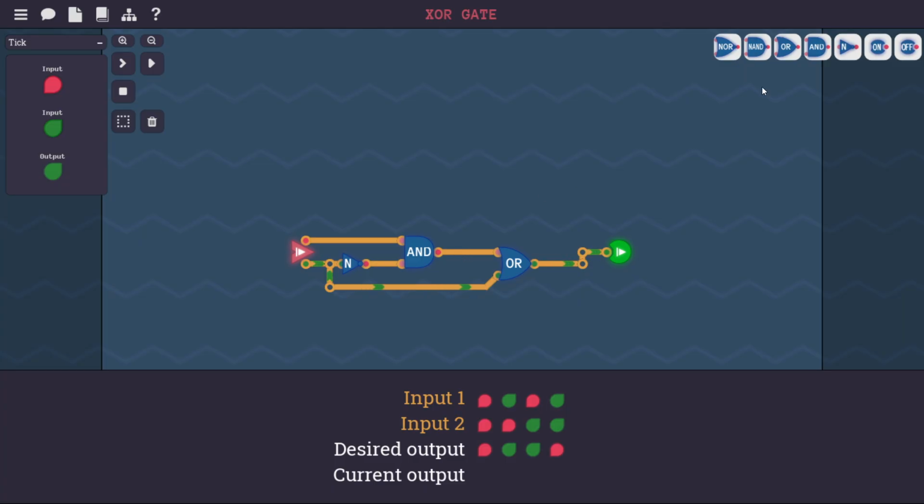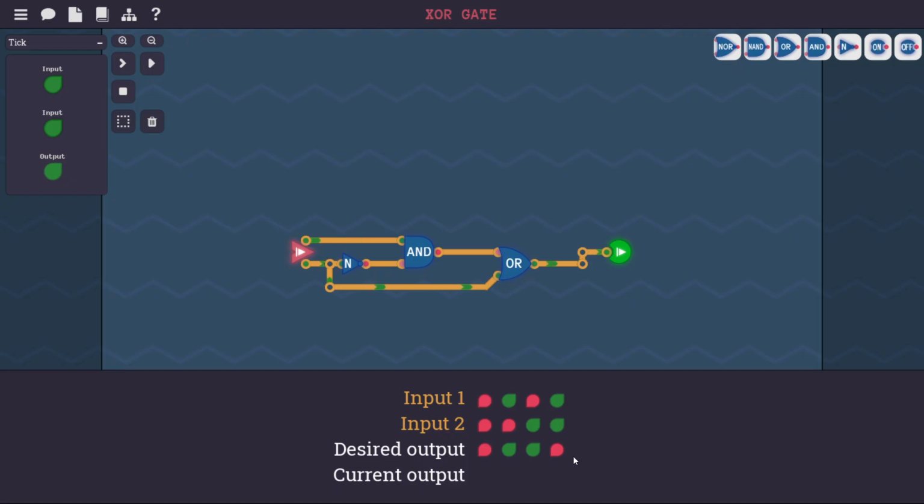That means that if both of them are on, by just keeping this AND gate, we're defeating the last signal.